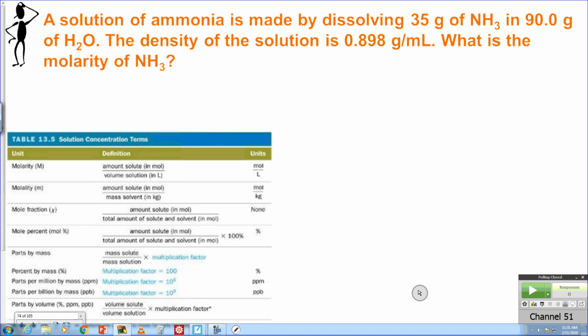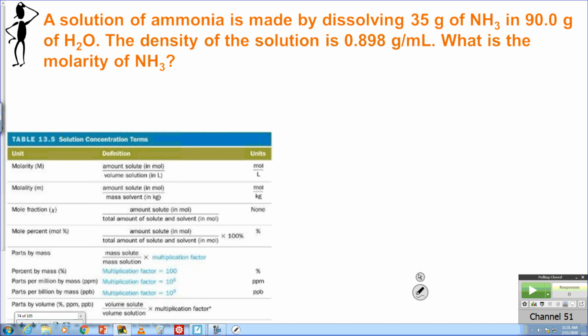So the next example says a solution of ammonia is made by dissolving 35 grams of ammonia in 90 grams of water. The density of the solution is given. What is the molarity of the solution? All right, a couple of things. I didn't put the molar mass in.